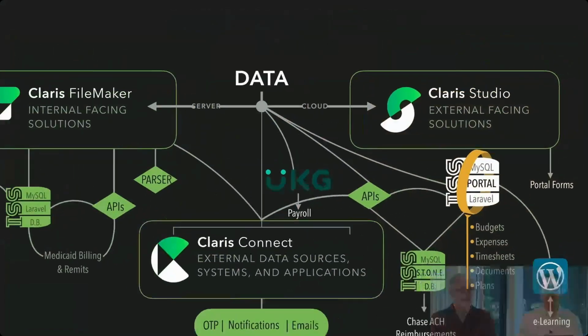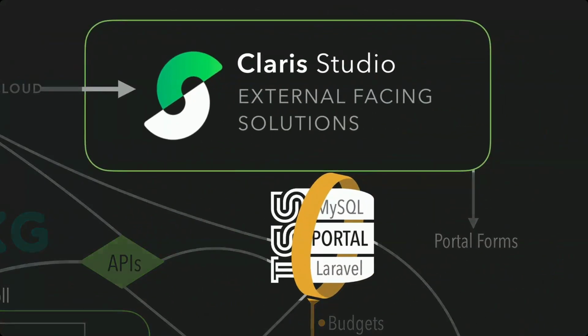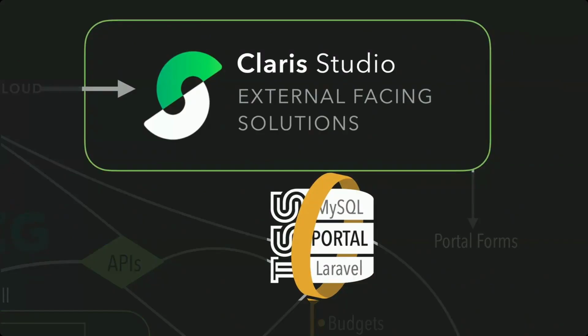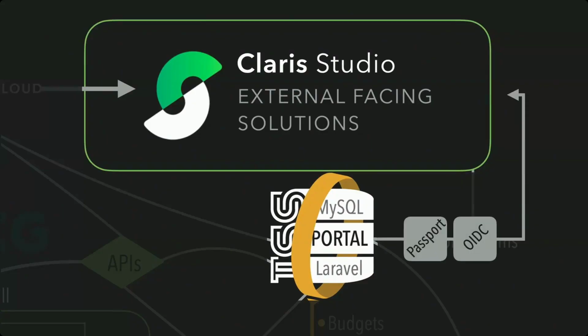So this is where Portal and Studio come together. So the portal is built on a popular PHP framework called Laravel and uses an extension of Laravel's built-in authentication system. Luckily for us, all it takes to implement the OIDC protocol is 2 packages. The first is Laravel Passport, which is a package maintained by Laravel themselves that extends the native Laravel authentication system with OAuth 2.